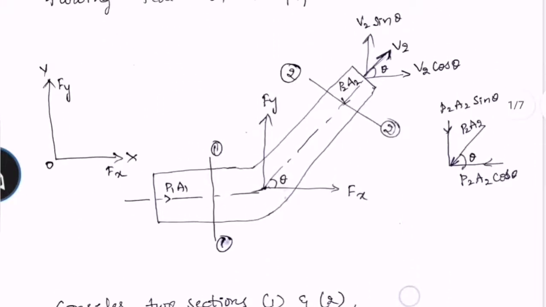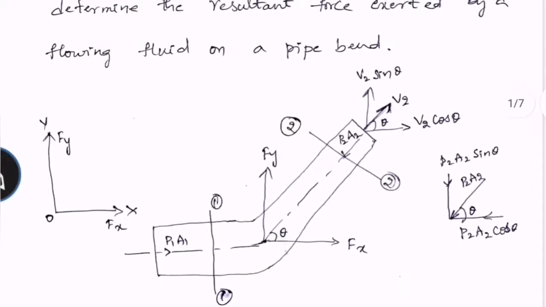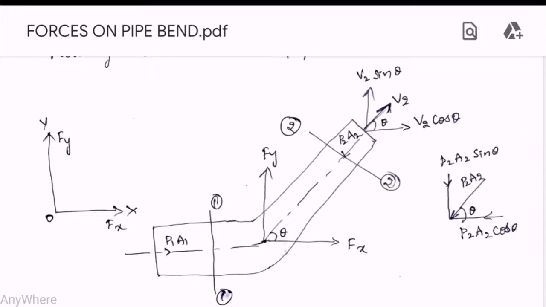How many types of forces can we see in this diagram? The first one is P1 A1. For any type of engineering material, the first and basic thing is the cross section area. So we have a cross section area A1 at the inlet and A2 at the outlet, and A1 and A2 are different.